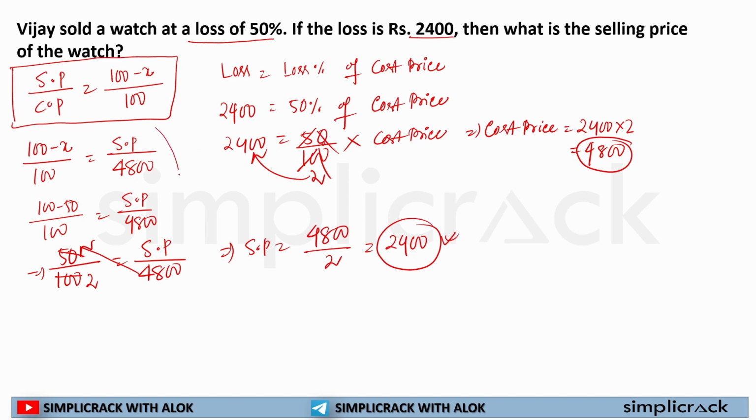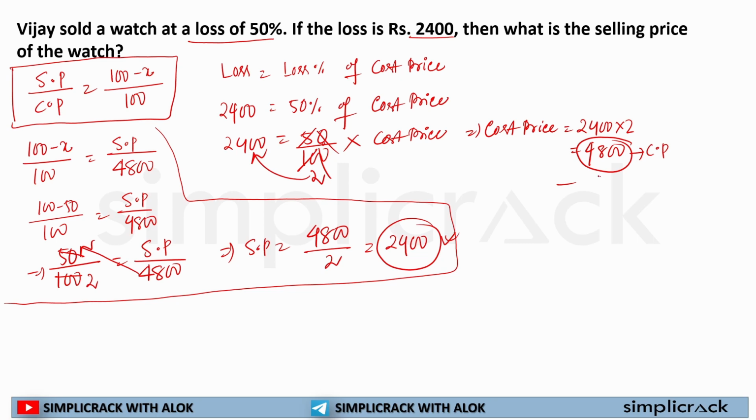But if I did not follow this whole path, I could have simply written down, this is my cost price. I will deduct my loss amount, and I will get my selling price. I can do that as well. But why did I do this? I want you to understand that if loss percentage is given, that means you have to try to solve it as quickly as possible.